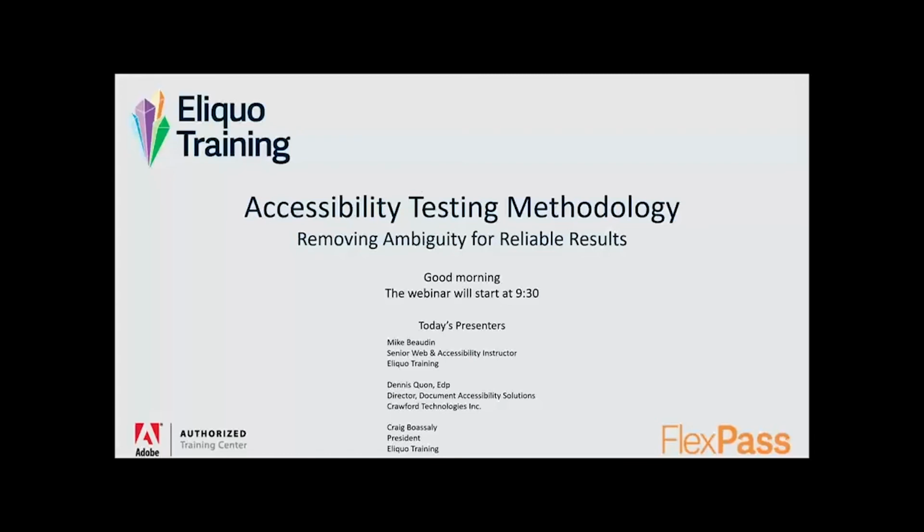This presentation is in collaboration between ourselves, Eloqua Training, and our partners over at Crawford Technologies. Dennis Kwan from Crawford is going to speak a little bit later, so I'll just give you a quick who we are. Our company is Eloqua. We've been in the business since 2002. We are a specialty training provider on how to create digital content.